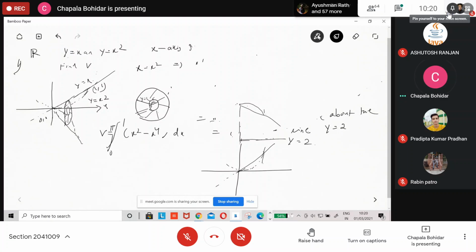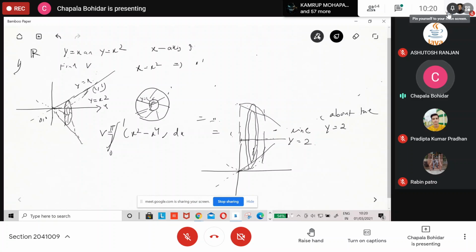Taking the cross section, the outer circle is this one, and the inner circle starts from here.